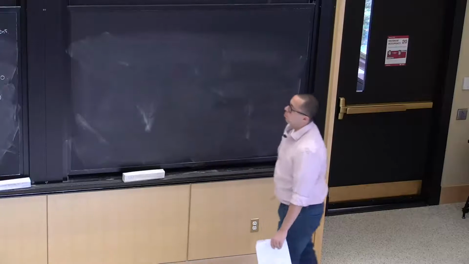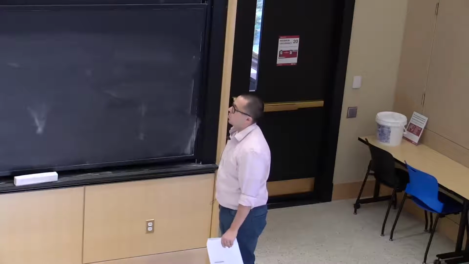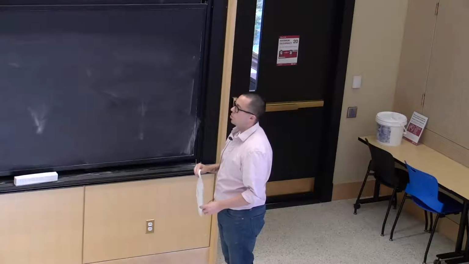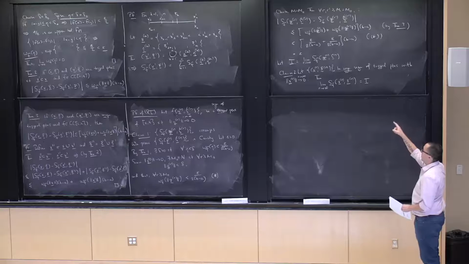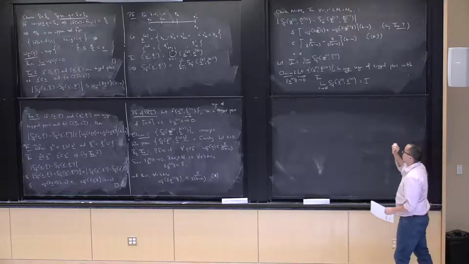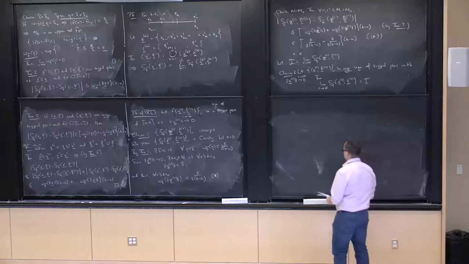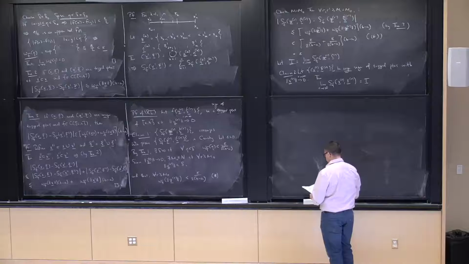So to prove this is not too difficult using what we have on the board. So remember, I is the limit with respect to this one sequence of partitions, and now we have an arbitrary sequence of partitions which we want to show the Riemann sums converge to this number as well.